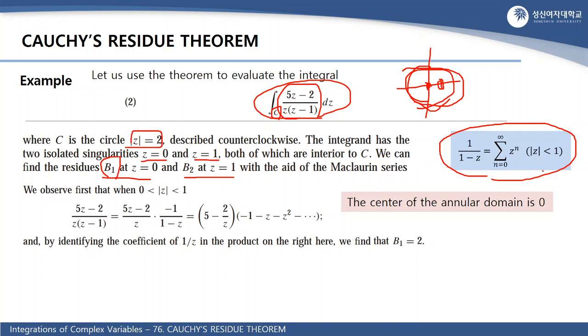So the validity condition is absolute value of z is less than 1. Here we have the point 0 as a singular point.